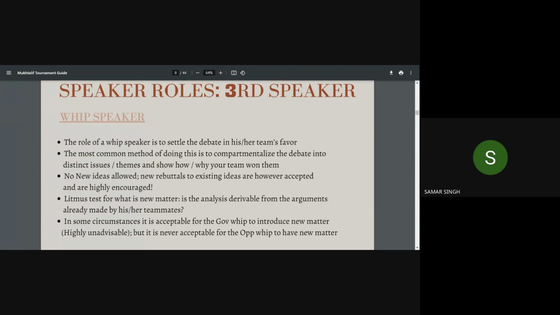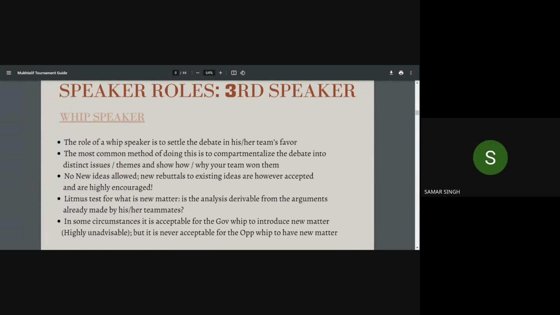They still have a chance to reply, they still have a chance to rebut. But the opposition whip is strictly not allowed to give any new material because there's no one from the government coming in and giving a speech after it. So the government does not have a chance to reply to it. So that is why there's some sort of bias for the government.